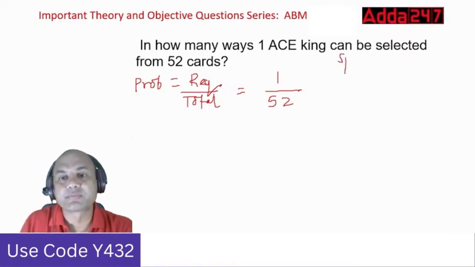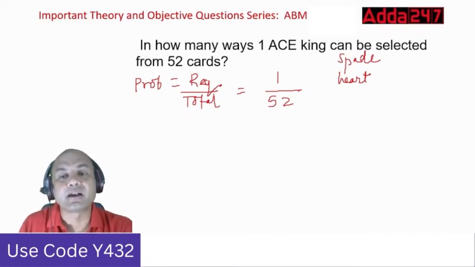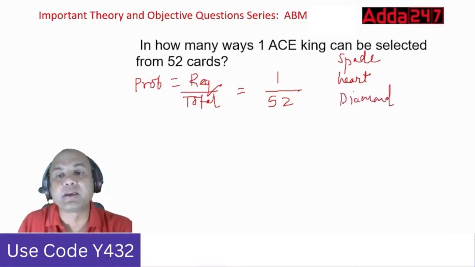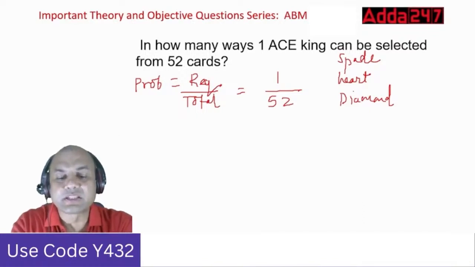Spade. Then what? Heart, right? Spade, heart. Then the other one? Diamond. Correct. Spade, heart, diamond. Which is the other one?